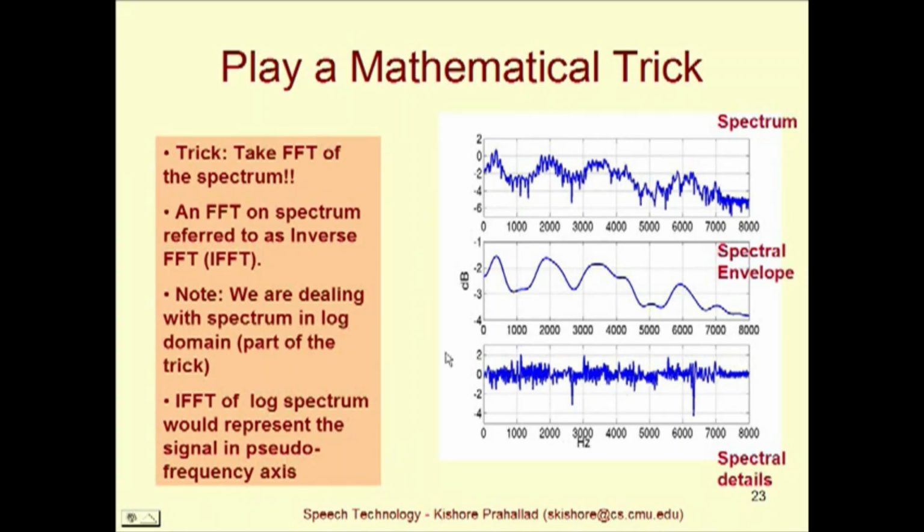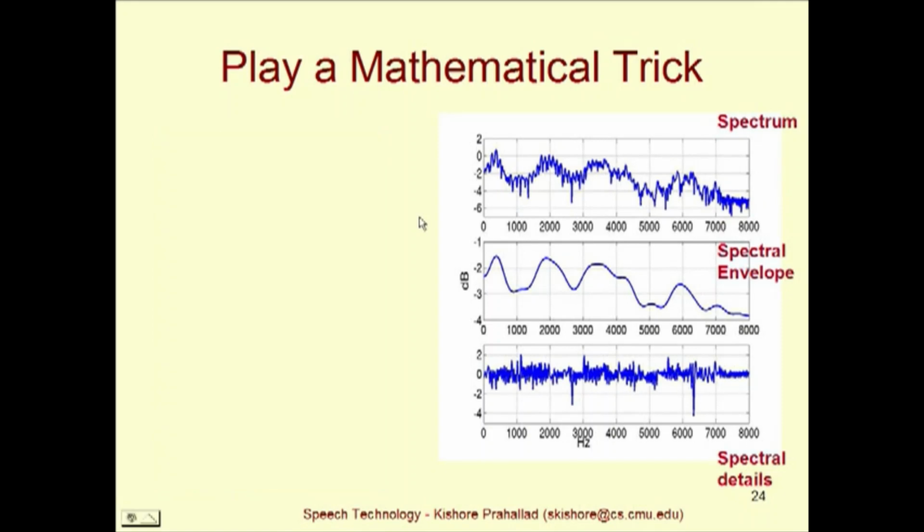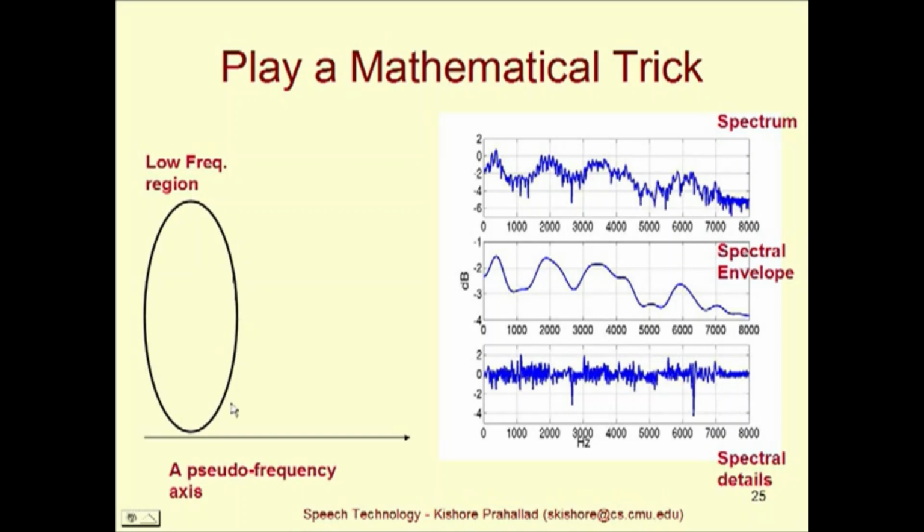It is no more in time domain, but what you get when you take IFFT of this log spectrum is a representation in pseudo frequency axis. So let's say this is a pseudo frequency axis, and this is a low frequency region of the pseudo frequency axis, and this is a high frequency region of the pseudo frequency axis.